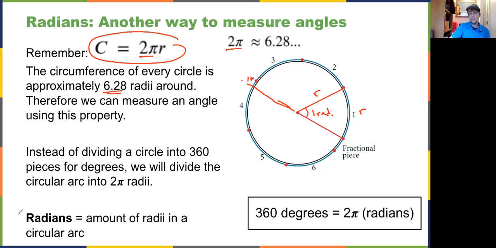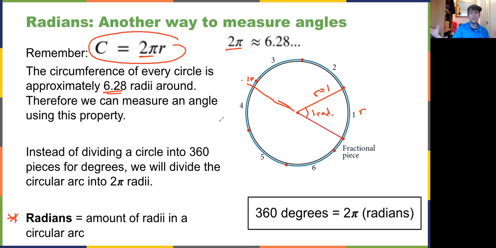So we think about radians as the amount of radii that are in a given circular arc created by an angle. And again, it doesn't matter how big or small that circle is, it's always going to be the same. In trigonometry, we think about circles as always being what's called the unit circle, a circle with a radius of 1. We'll get more into that in the future, but most of the time we're just going to assume a radius of 1 because that simplifies our calculations.